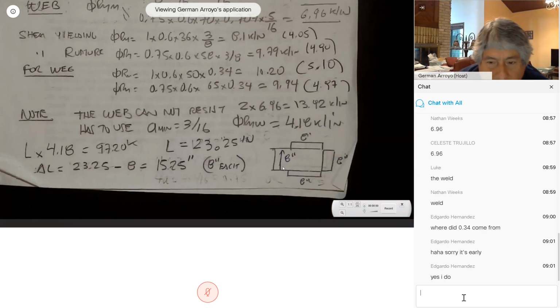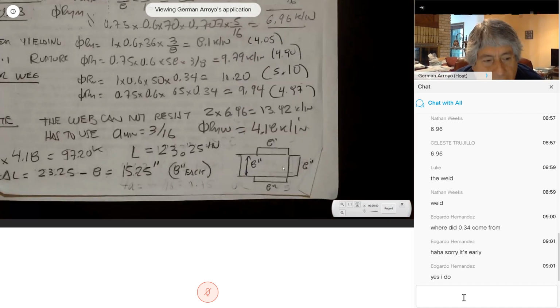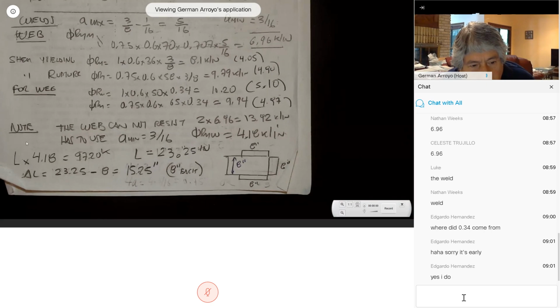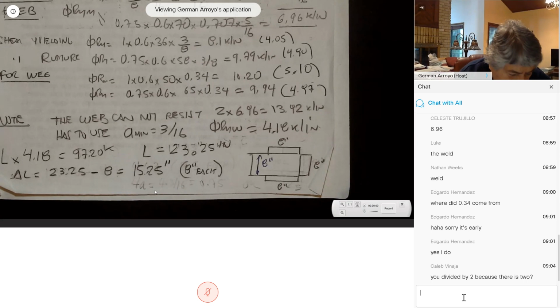It had 8 inches, so obviously I'm going to put 8 inches of weld. So the difference, the total 23.25 minus 8 inches of weld, gave me 15.25. And when you divide 15.25 by 2, it gives you 7.625.